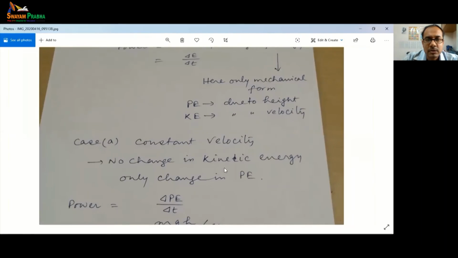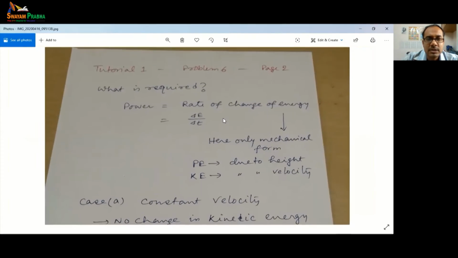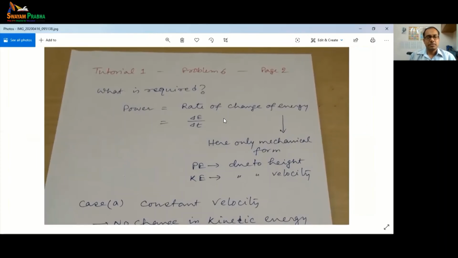What is required? First, it asks for power. The definition of power is the rate of change of energy, so we can say delta E, the change of energy, divided by the time, delta t.